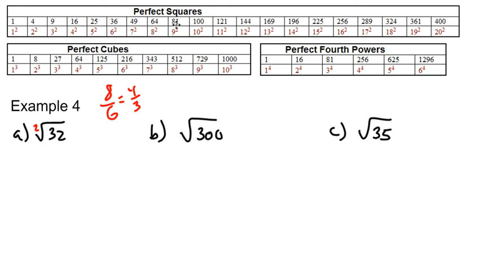We ask ourselves this question: what is the biggest perfect square number that divides into 32? Does 4 go into 32? Yes it does, but is that the biggest? The answer is no, it's not the biggest. So not 9, but 16. See, 16 goes into 32, right?